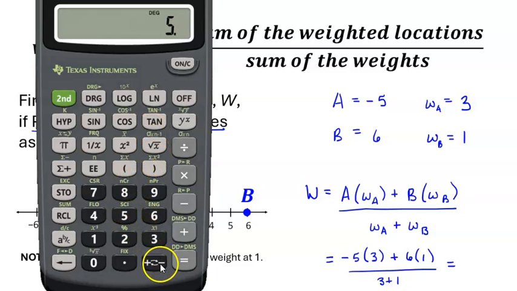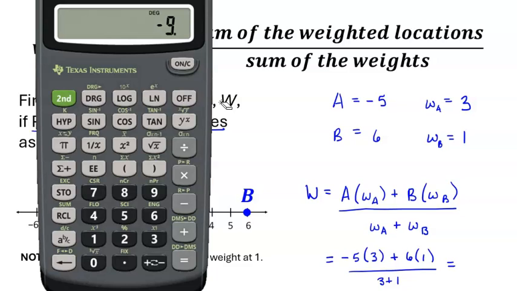I have 5, and then I'm going to make it negative, times 3 plus 6 times 1. Notice that I'm not putting in parentheses in this particular calculator. If you put parentheses in this calculator, you have to put a multiplication sign in between your number and the parentheses, which kind of negates the use of the parentheses anyway.